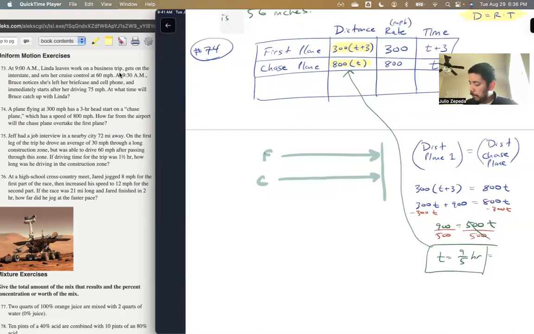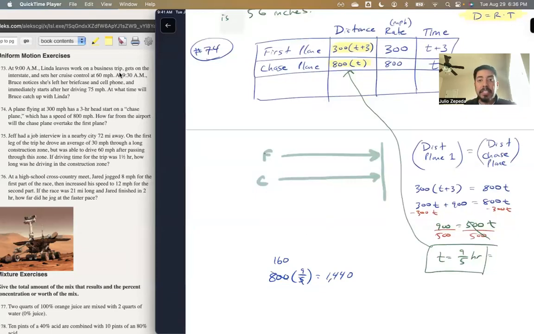I'll switch to blue. So 800 times 9/5, and this is equal to, let's go and see, 5 goes into 800, how many times? 160 times. And then 160 times 9, I believe, is 1,440.